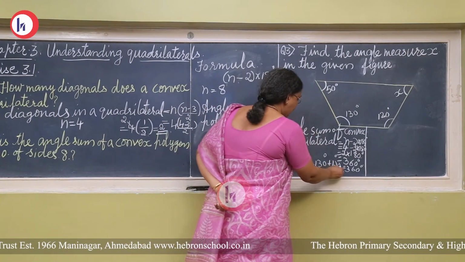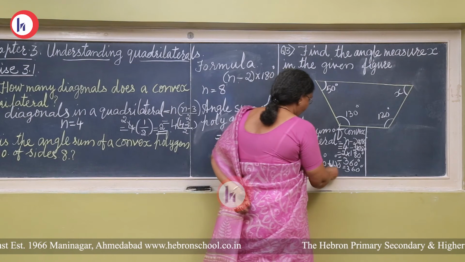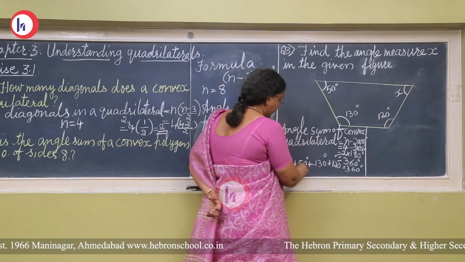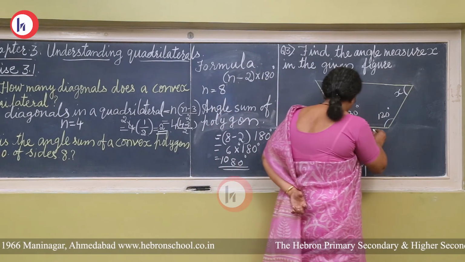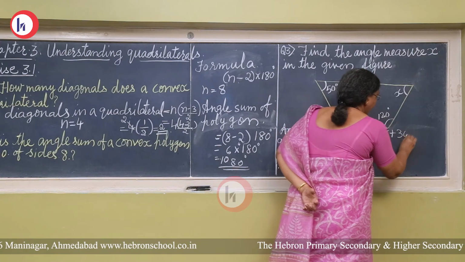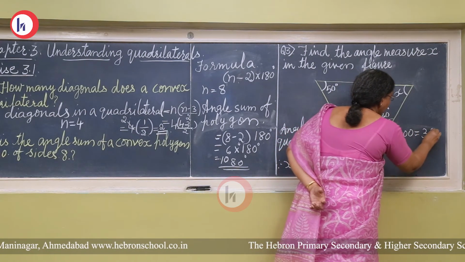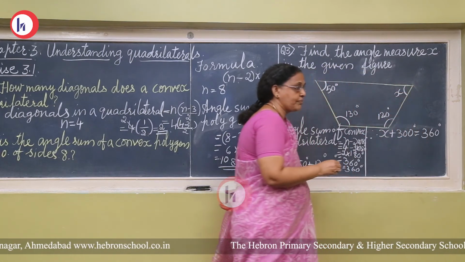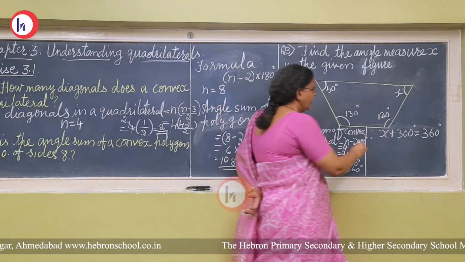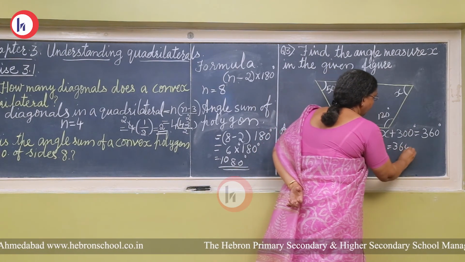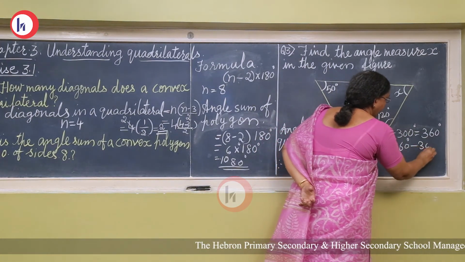It will be 120 plus 130, that is 250. 250 plus 50, that is 300. So therefore, x plus 300 is equal to 360 degree. Every time, degree is the unit of measuring the angles. Therefore, x is equal to 360 degree minus 300 degree.